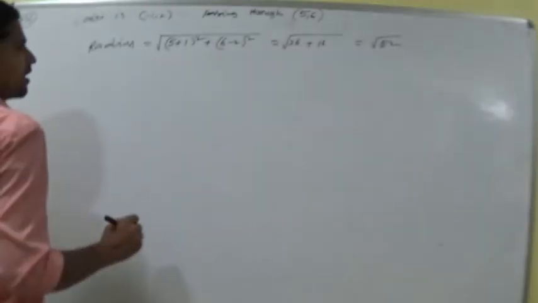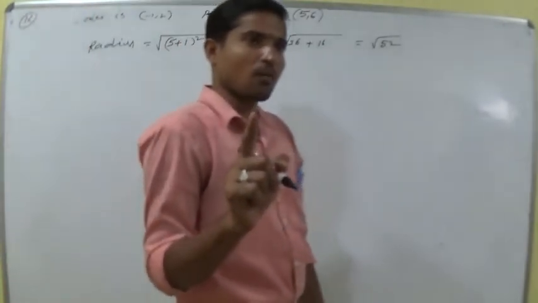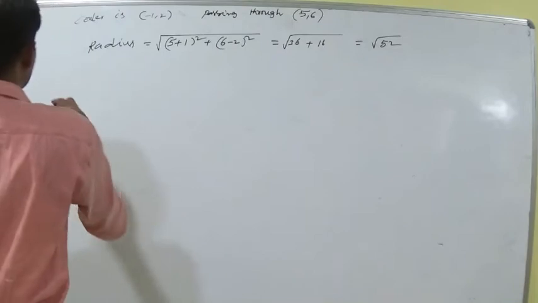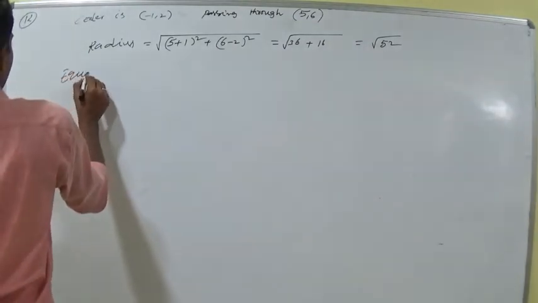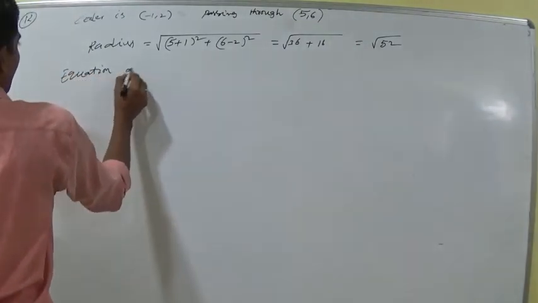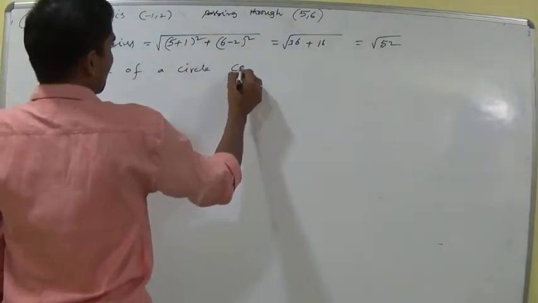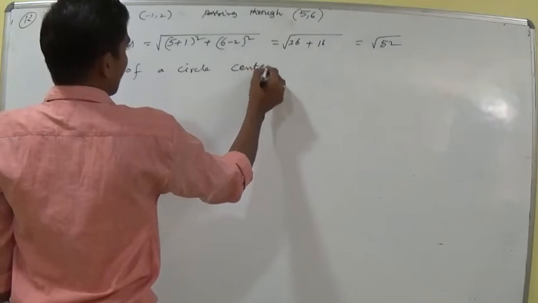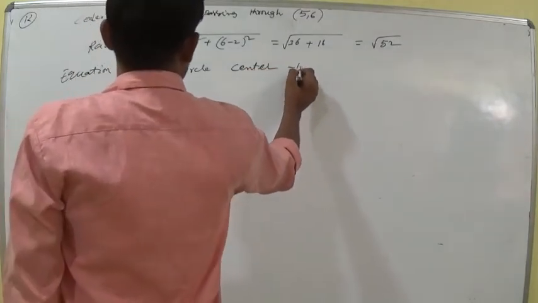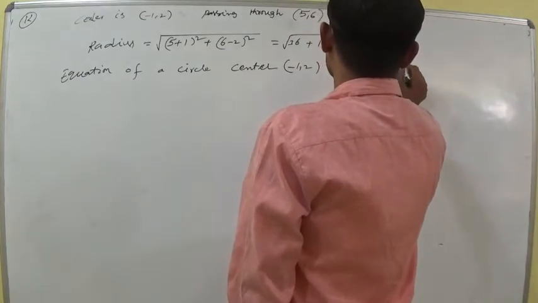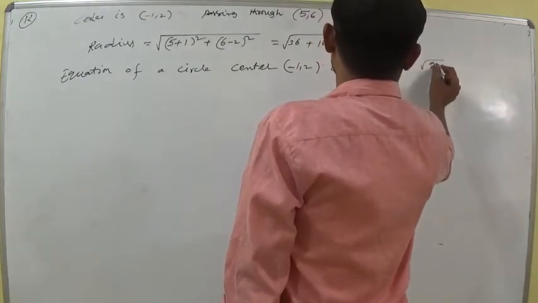Equation of a circle with center (a, b) and radius r. Equation of a circle with center (-1, 2) and radius root 52.